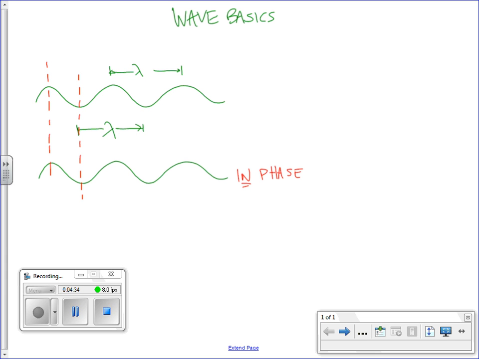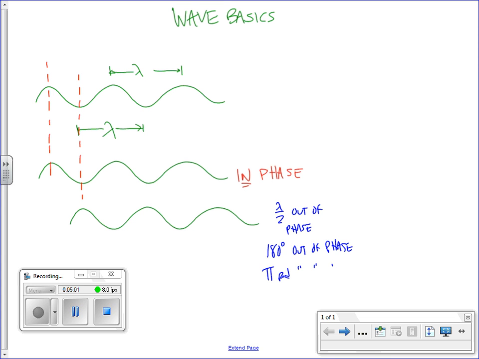If I were to take this one and shift it over half a wavelength, we'd say that this is half a wavelength out of phase, or 180 degrees out of phase, or pi radians out of phase. I think the only one they really ask for is that one.